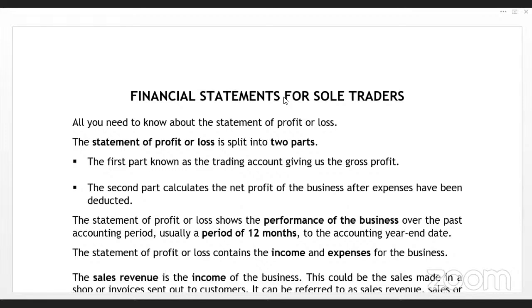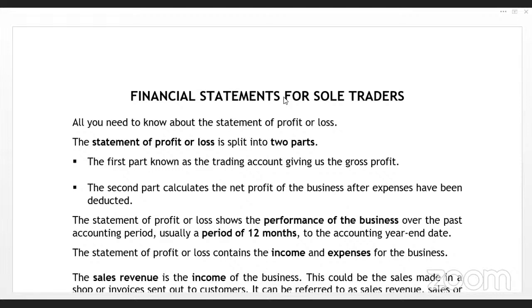In this lecture, we are going to see how to come up with a statement of profit or loss, and then how to come up with a statement of financial position. That's what we are going to be looking at in this lecture.